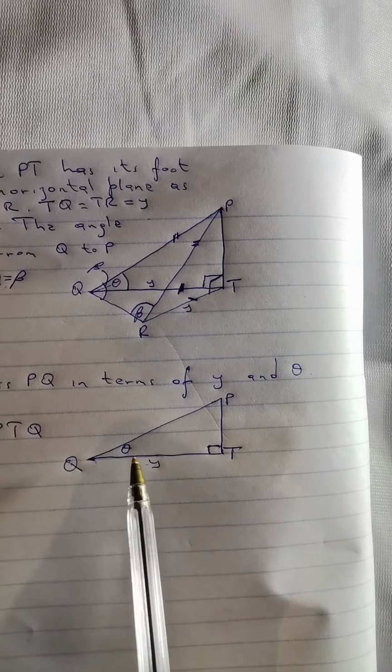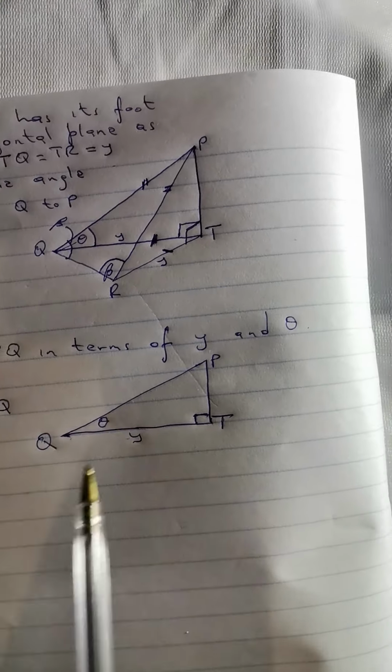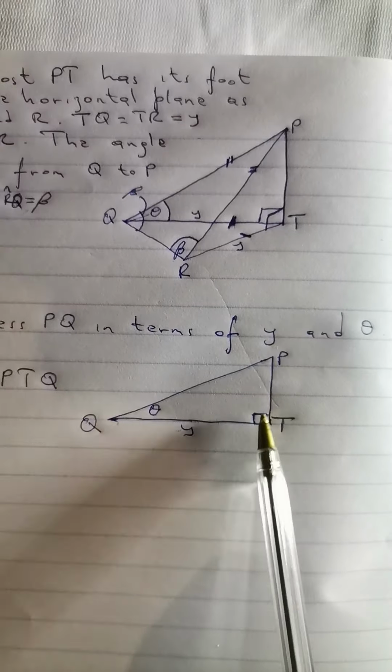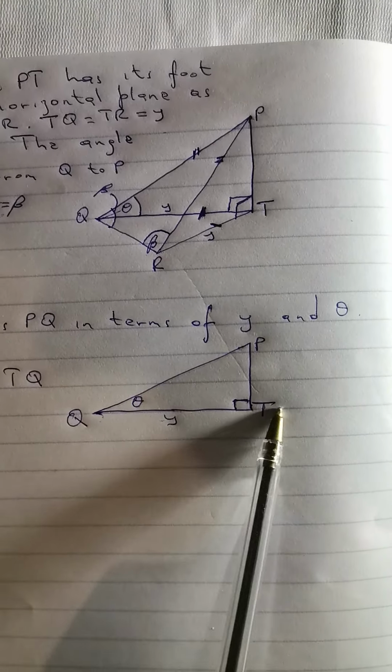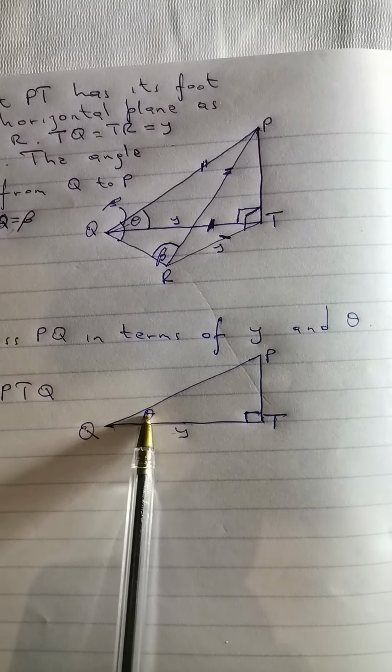So our problem just became a normal SOHCAHTOA problem. Since we can already see that PQ is the hypotenuse of triangle PTQ, and the line that we must use is TQ, and TQ is adjacent to angle theta.